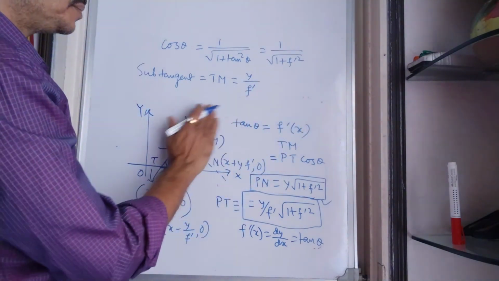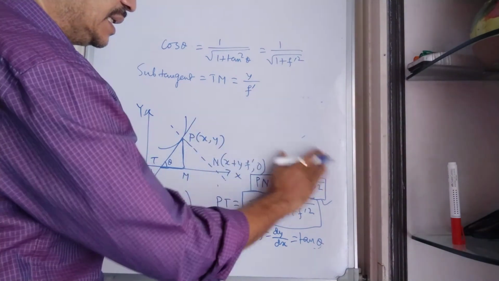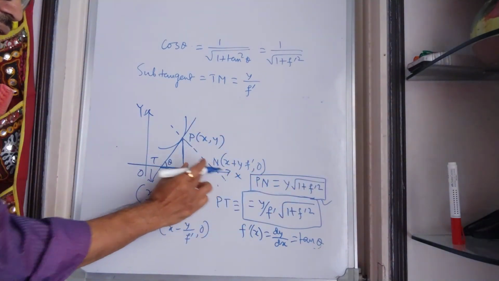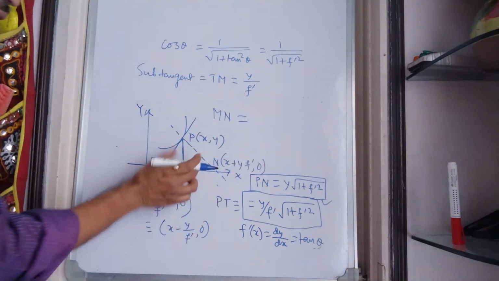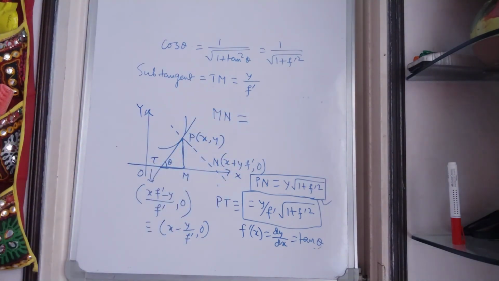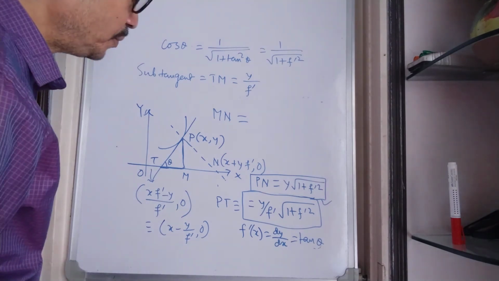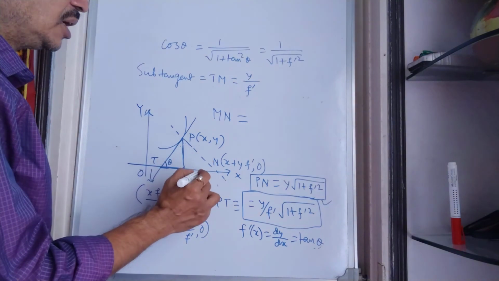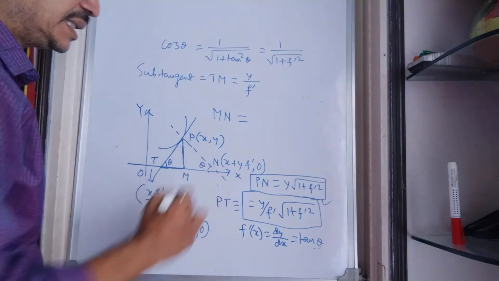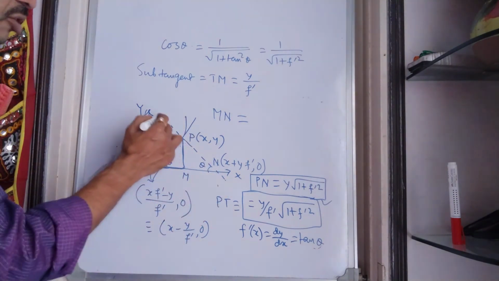Now let us move on to find the subnormal, which is Mn. Mn is the subnormal, the projection of normal upon the x-axis. Now we all know that tangent and normal are perpendicular.